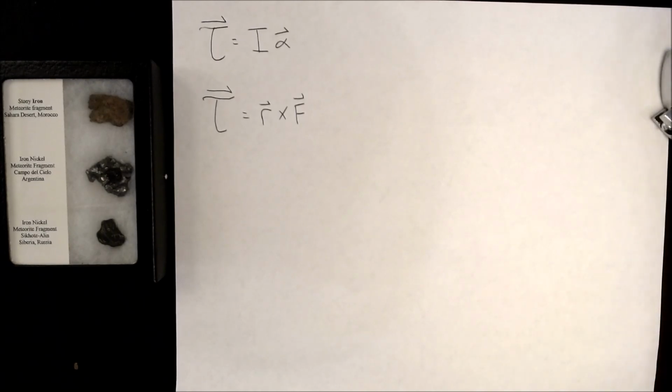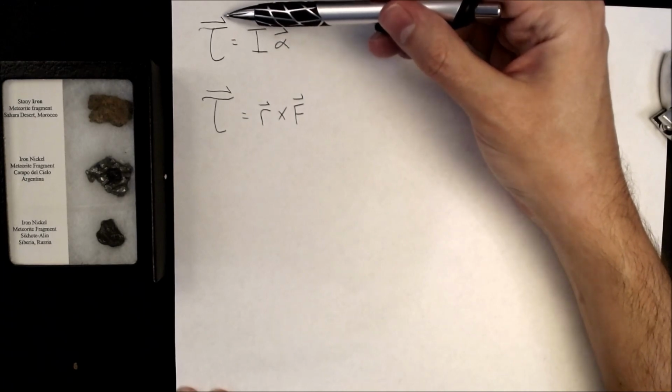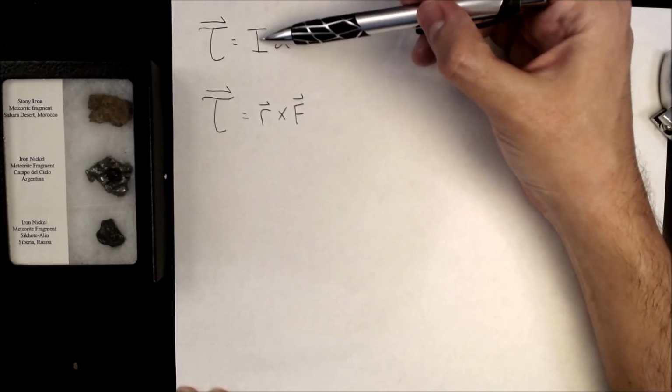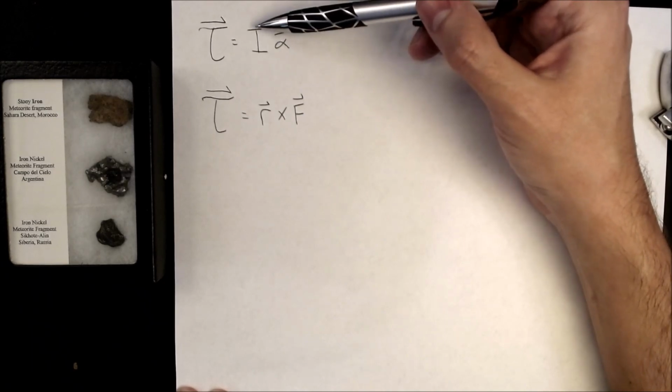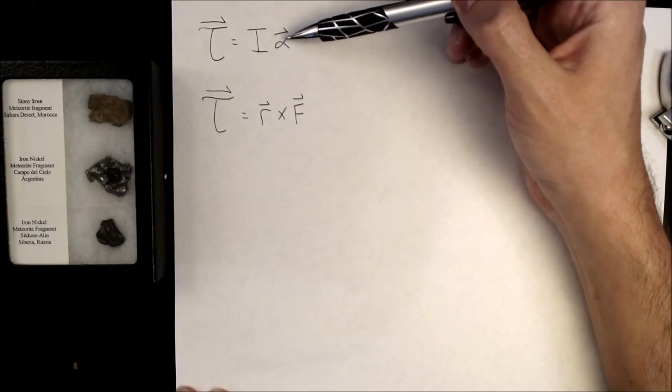Now, what else can we learn from these equations? Torque with its direction, here I've emphasized, yes, torque has a direction, is equal to the moment of inertia, which is how difficult it is to rotate an object, times alpha, which is the angular acceleration.